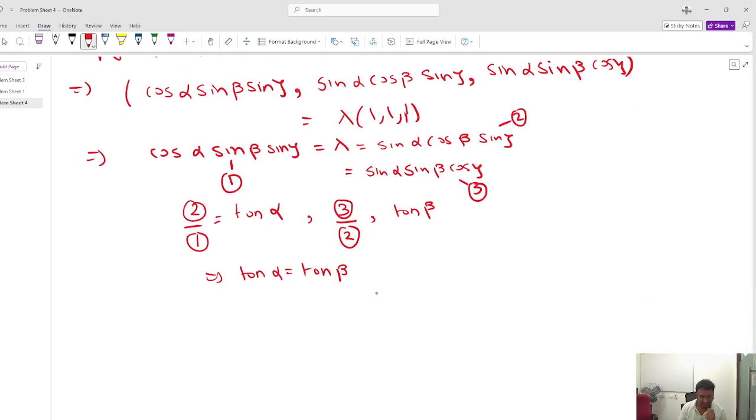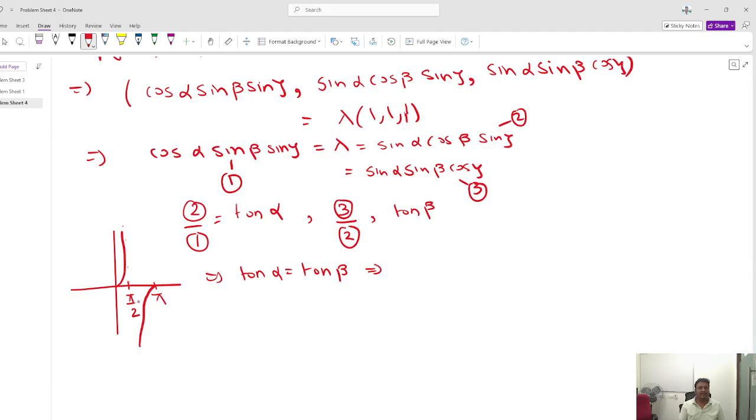Then what can you say from here? On 0 to pi, if you see the graph of tan, this is pi by 2, and this is, say, pi. Here it goes like this, and here it comes like this.